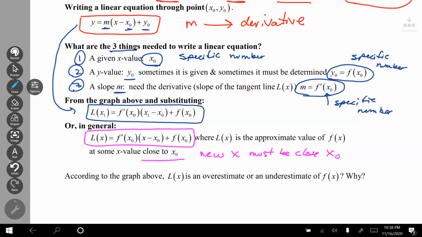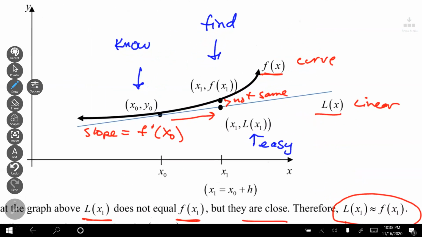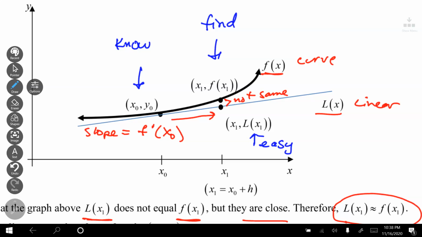So let's go back to this graph above, because it's asking, according to the graph, is this linearization an overestimate or underestimate, and why? Well, if I look at this graph, I can definitely tell that the linearization point is less than the actual function point. It is below it. Why is it below it?